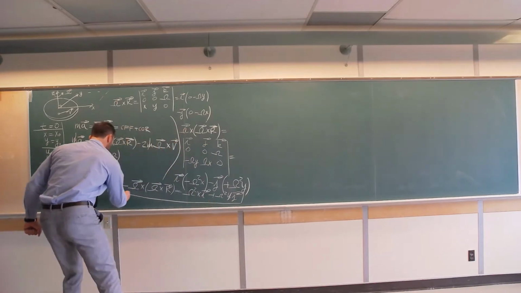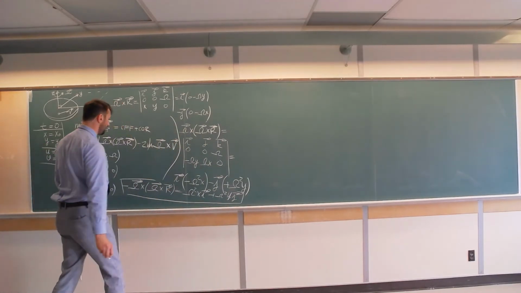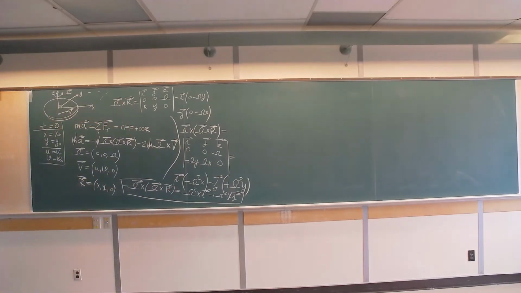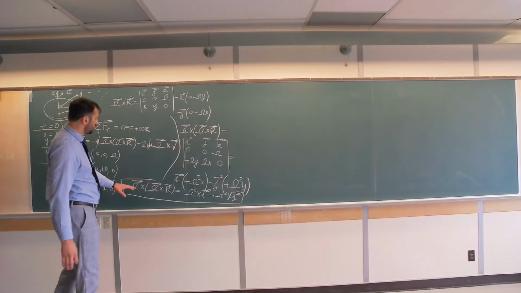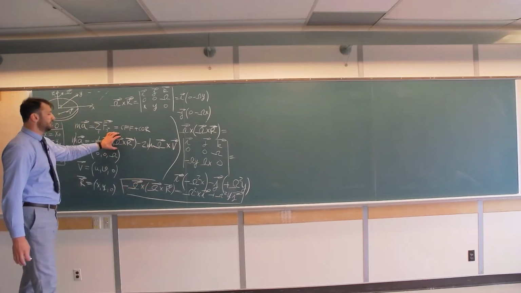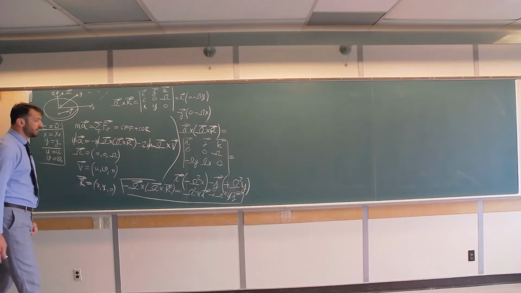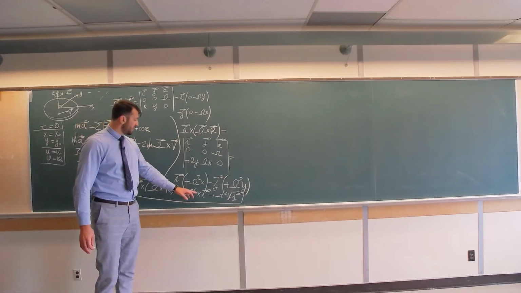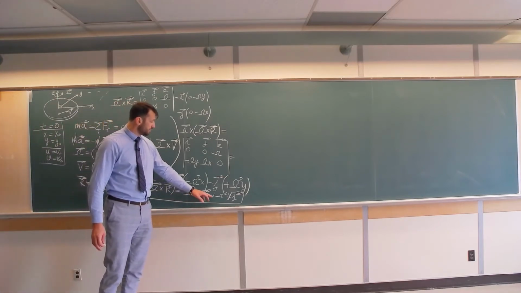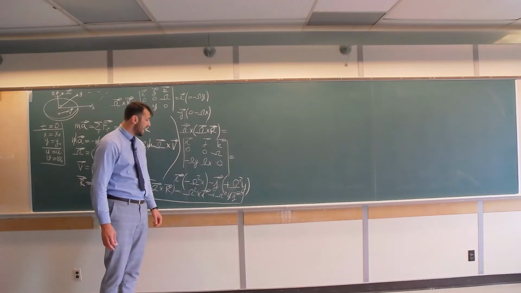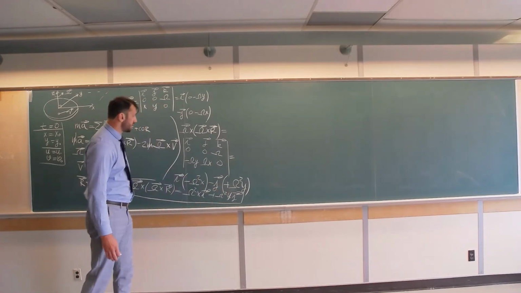I hope you can see this. I squeezed this. Let me see if this is visible. Yeah, it's okay, it's visible. So, we determined the components of the centrifugal force in the plane of the disk. So, omega square x in the i direction plus omega square y in the j direction.